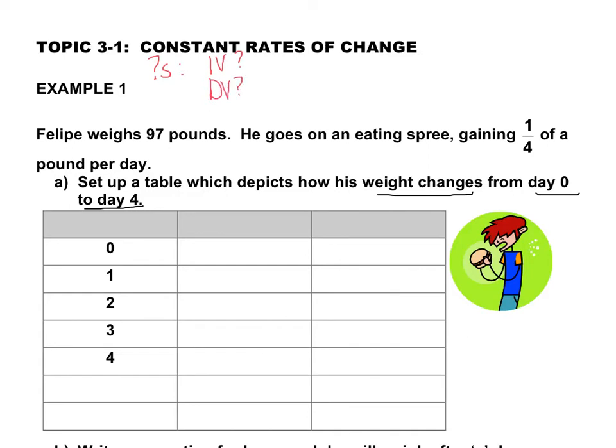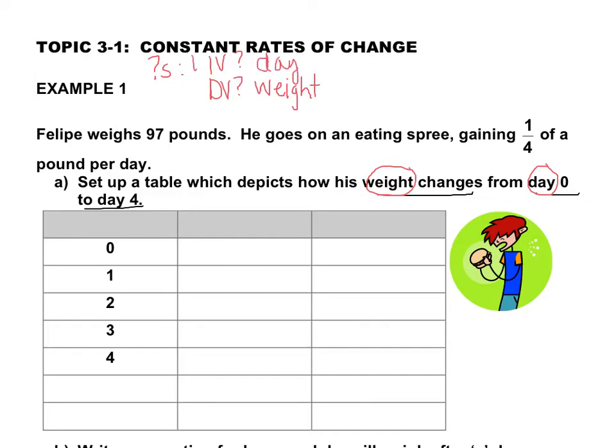Well, in this particular example it says how his weight changes from day 0 to day 4. So the two things that we're comparing is how the weight changes on each day. Well, the weight is going to depend on the day, so your weight is the dependent variable and the day is your independent variable.